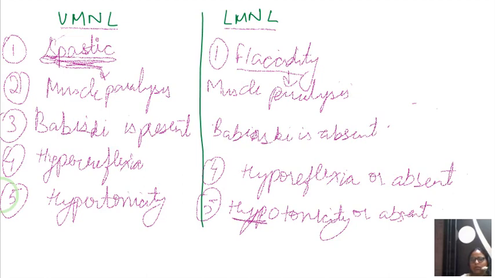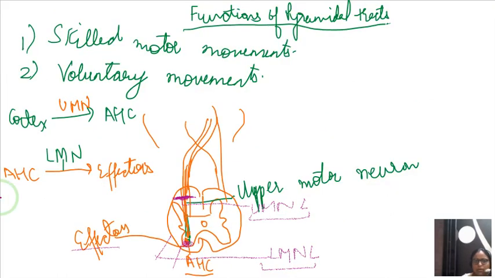Fine. So these are some differences between the upper motor neuron lesion and the lower motor neuron lesion. We have also discussed the function of the pyramidal tracts. They control the skilled motor movements and are responsible for your voluntary movements.